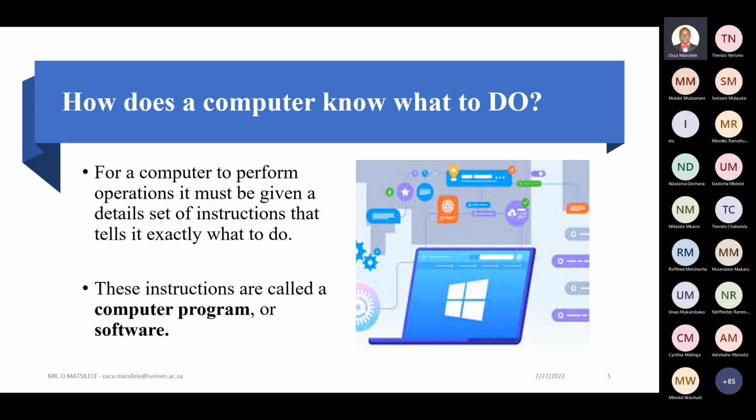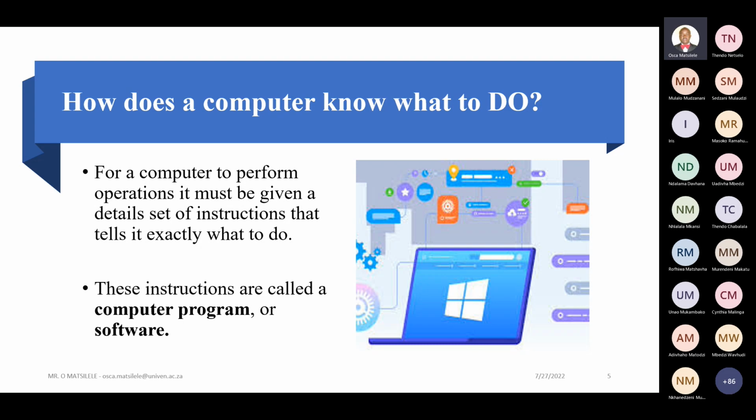The question can come to say, what is software, or how does a computer know what to do? It will depend on the kind of question, but in this semester, because you are advancing, it will be, explain how a computer knows what to do.